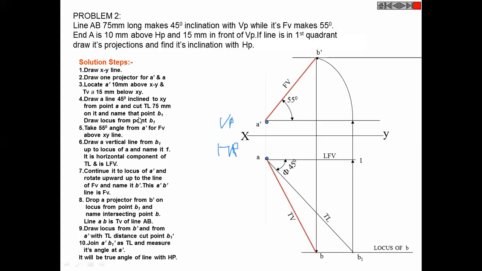Now we don't need to go for true length here. You already know what is the true length, but we are told to find inclination with HP. For that, we will have to draw this true length. So we will measure the true length 75 mm. We'll put our compass here and we'll cut one arc somewhere here. So this is the true length, and this is what we get from that box.